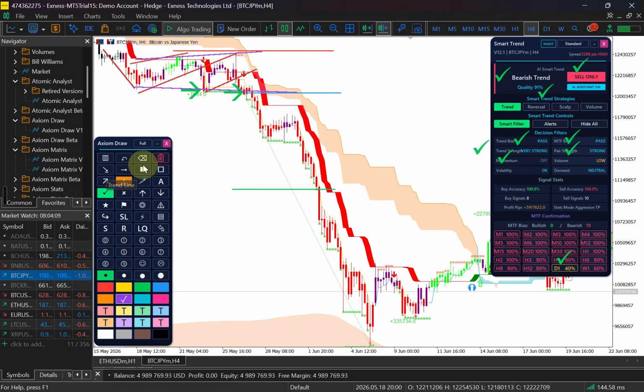Okay, when the price moves to that 1 to 1 risk to reward ratio, I'm moving this stop loss to break even, and break even plus covering the commission and the spread a little bit ahead of the entry. Now that's 1 to 1 risk to reward ratio. That's what I would do.